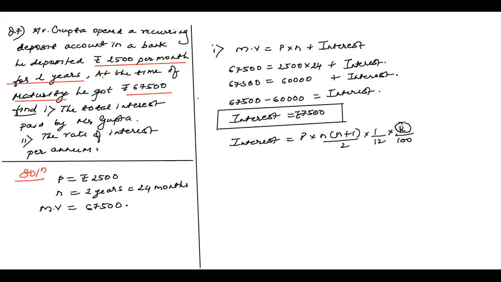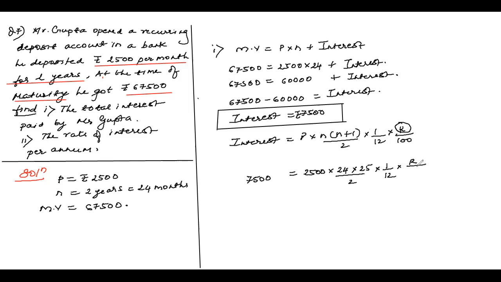Everything else is known. Interest is 7,500. P is 2,500. N is 24, and 24 plus 1 is 25, the whole thing upon 2 into 1 by 12 and into R by 100.